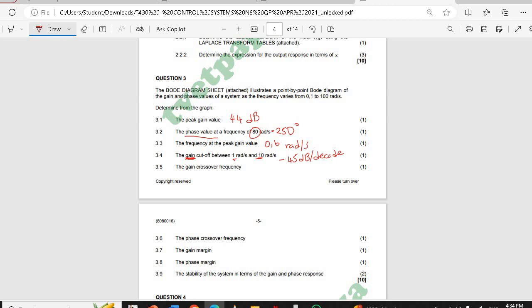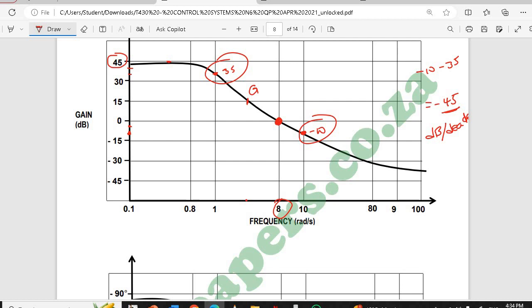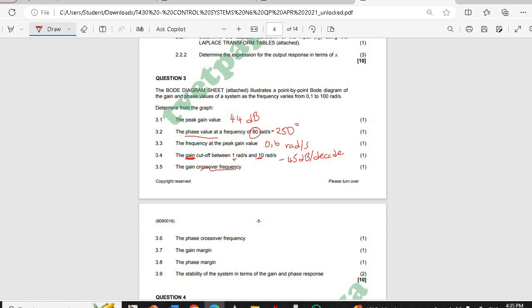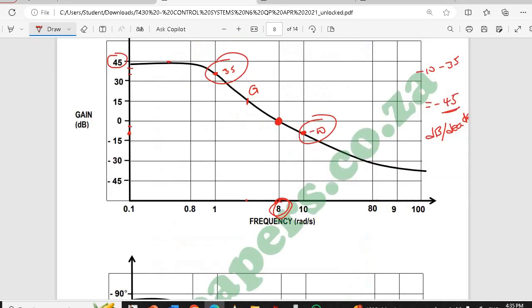Then the gain crossover frequency. This one is easy because we already labeled it. We go to our diagram where the gain is 0 decibels, it's at 8 rad per second. So that's 8 rad per second. Phase crossover frequency, when your phase is minus 180.